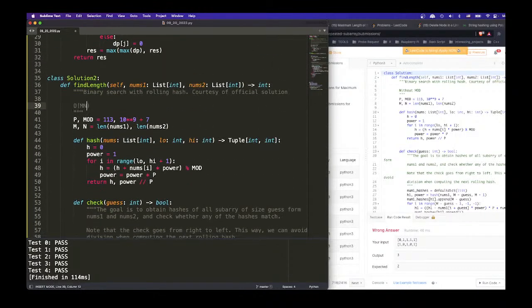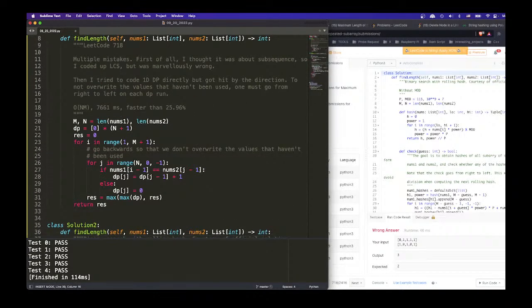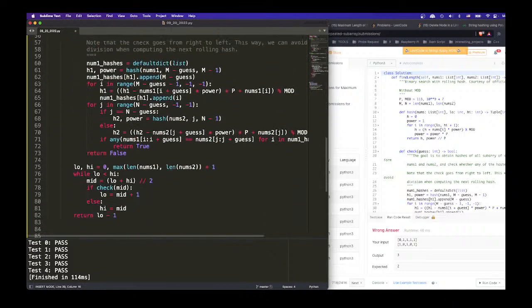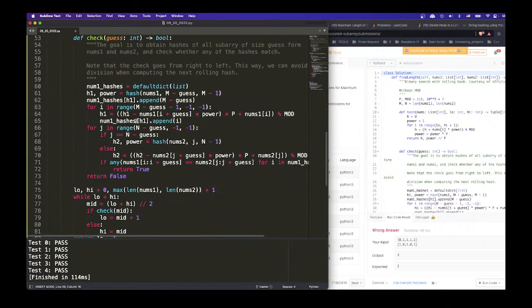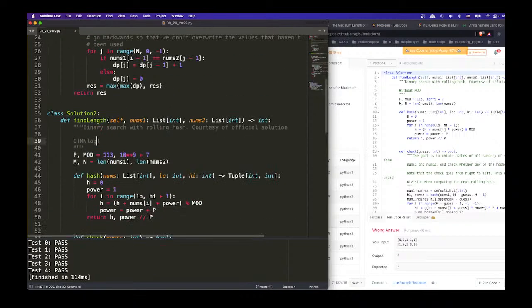O(M N log)? Wait, is it O(M N log) or what's this? O(N K)?